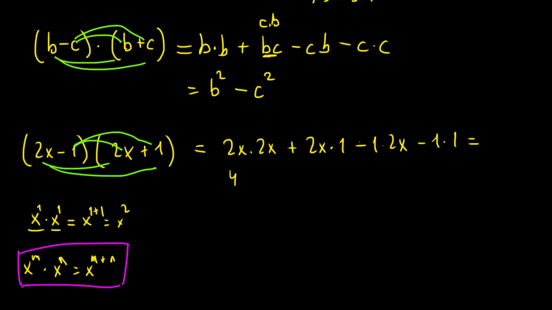So here you have x squared, plus 2x, minus 2x, and this is just 1. These two are cancelled. So you are left with 4 times x squared minus 1. This is your answer.